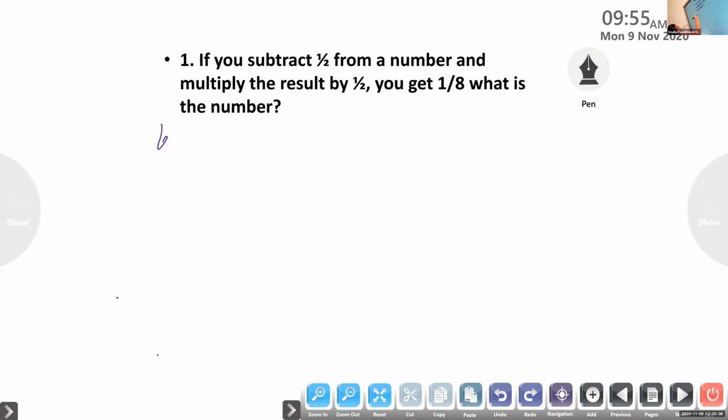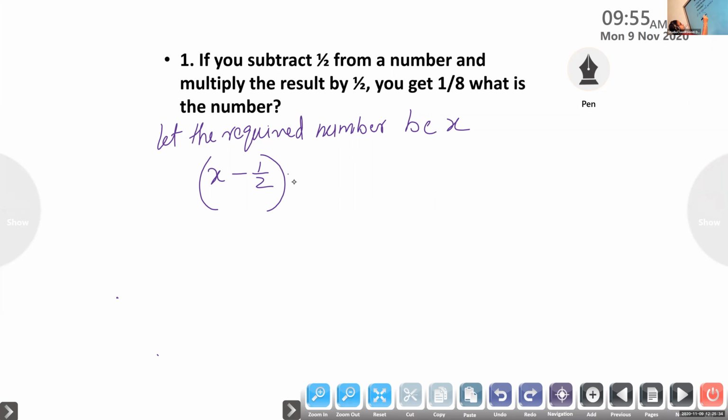So we will start with: let the required number be x. If you subtract 1 by 2 from the number, subtract means x minus 1 by 2, and multiply the result by 1 by 2. So this is the given condition.